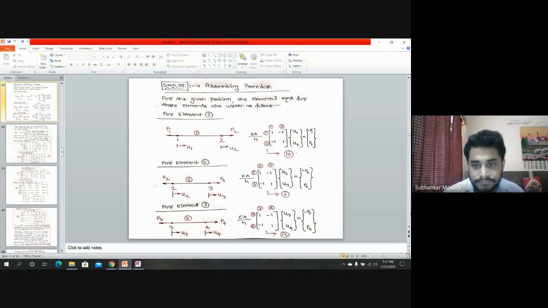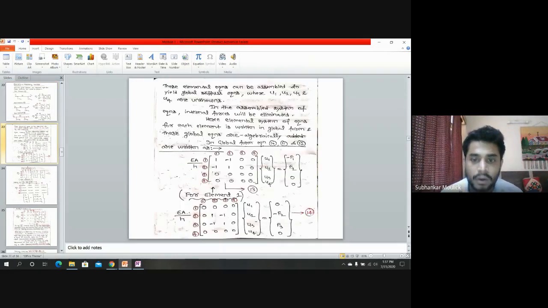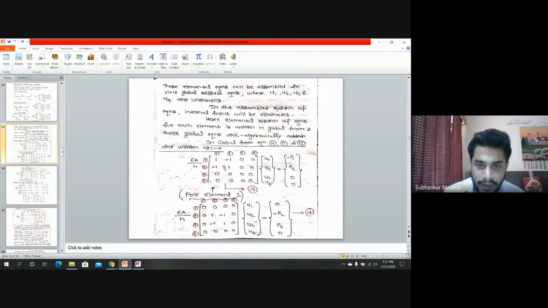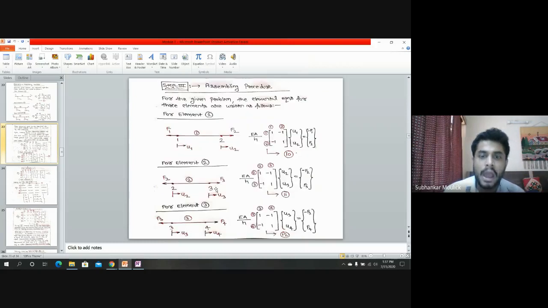Let us write. Okay, that means while assembling, a total of 4 rows and 4 columns will be there. Let us write first: first column, second column, third column, fourth column, first row, second row, third row, fourth row. And already from equation number 10, 11 and 12, it is clear that EA by H is common. Take it outside.